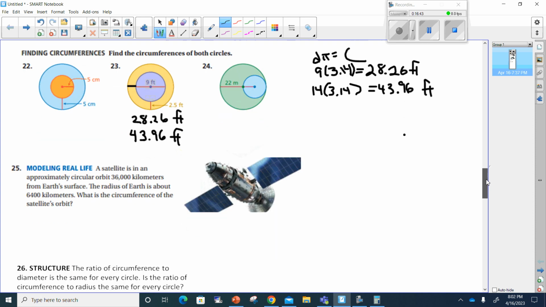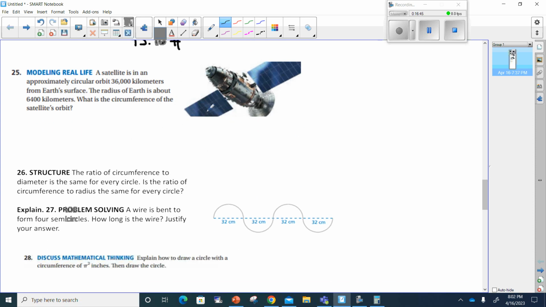Let's go to number 25 now. A satellite is in an approximately circular orbit 36,000 kilometers from the Earth. So let's just say this is the Earth and the satellite's here. They're saying it is from here to here, 36,000 kilometers.